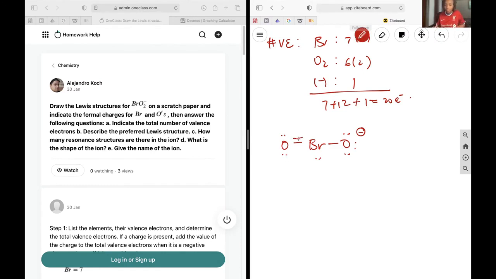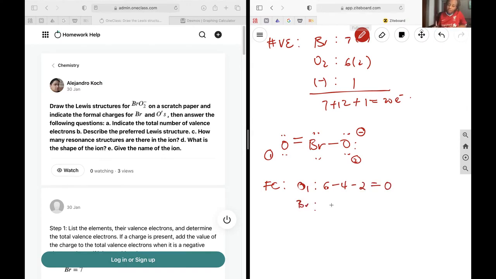Now I have 2, 4, 6, 8, 10, 12, 14, 16, 18. So I still have 2 more electrons. Let's just put them back on the bromine. Okay, and so now that I have this, again, let's count our formal charges. We'll call this oxygen 1 and oxygen 2. On oxygen 1, I have 6 valence electrons minus the 4 in lone pairs minus the 2 in bonding pairs. And so that's going to give me a net formal charge of 0.